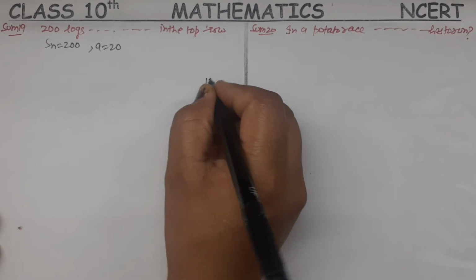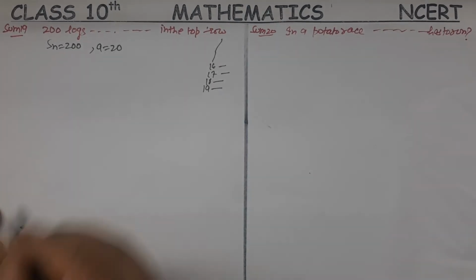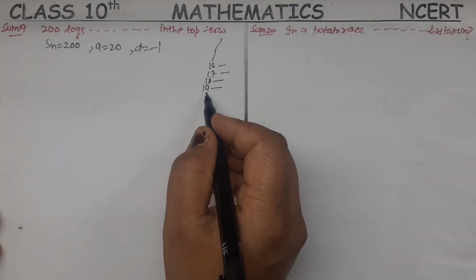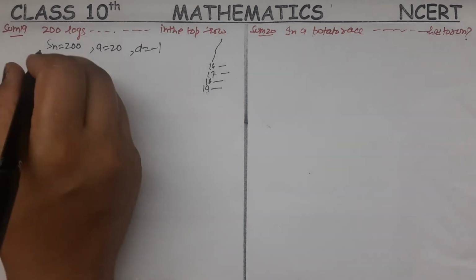First 19, then 18, then 17, 16 and so on. Meaning d is minus 1: 19, 18 minus 19 makes minus 1. In how many rows are 200 logs placed, and how many logs are there in the top row?